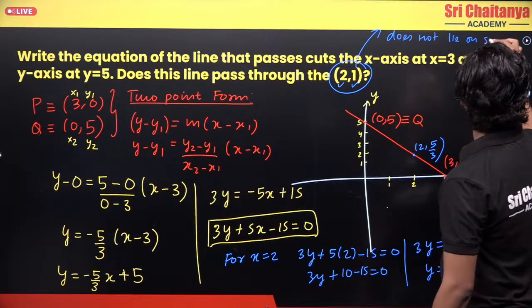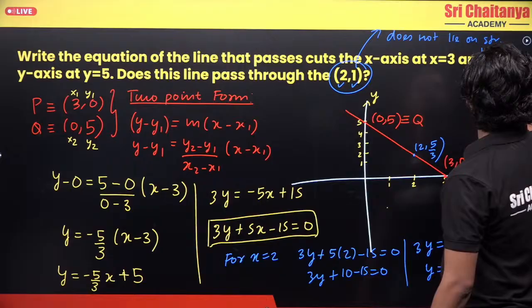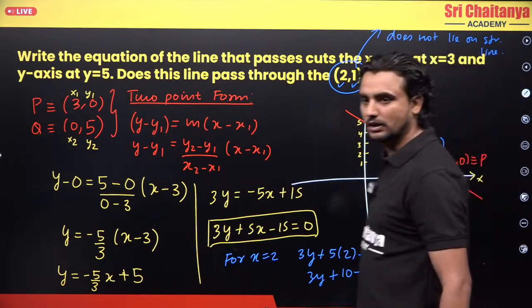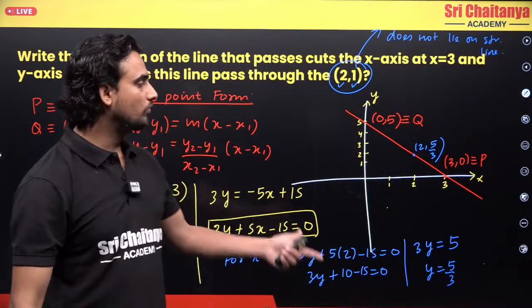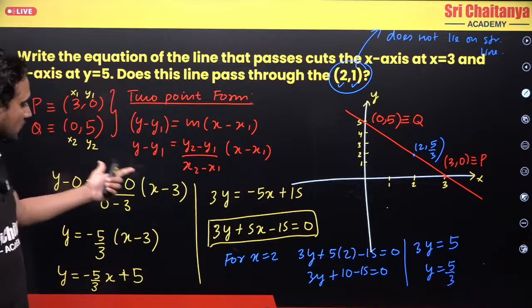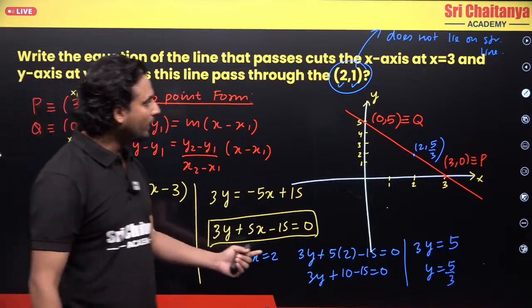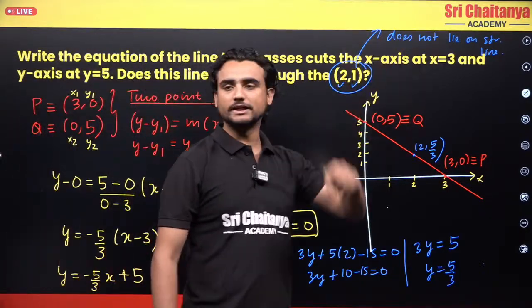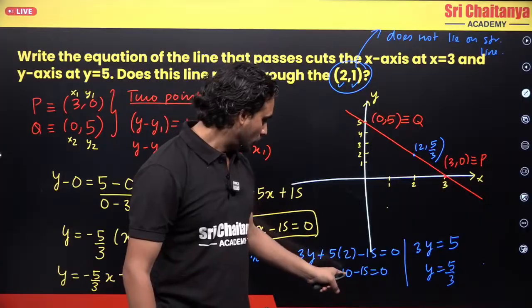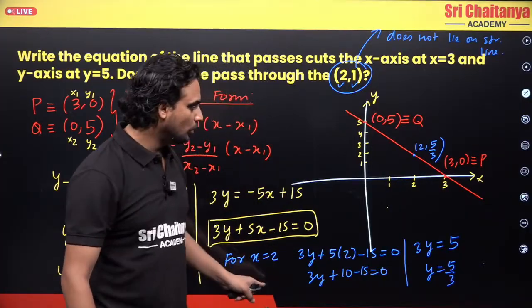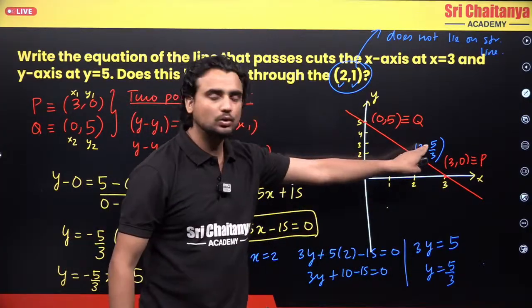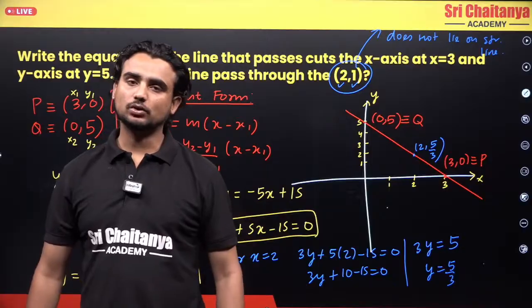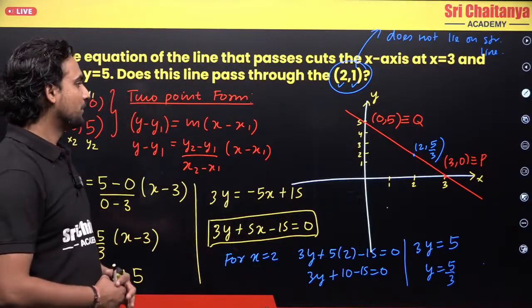Clear? So I can easily conclude from here that this is the general equation of the straight line, and the point 2 comma 1 does not lie on the straight line. Which point lies on the straight line? For x equals 2, the value of y equals 5 by 3, so 2 comma 5 by 3 lies on this straight line. Okay, clear?